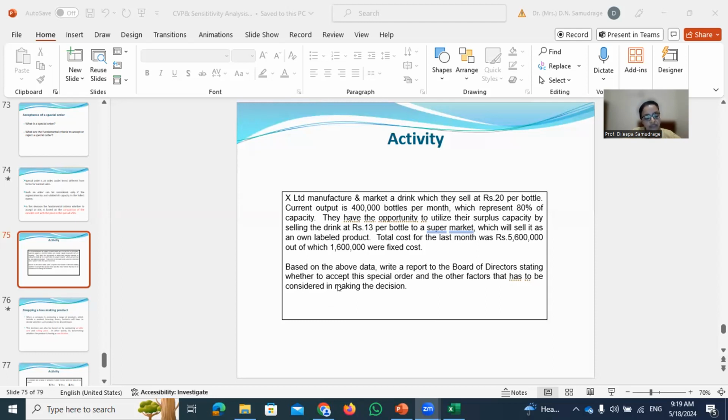One student said he didn't get involved with this activity, so maybe that is the reason. When you present at the examination, you have to present clearly because this is strategic management accounting.